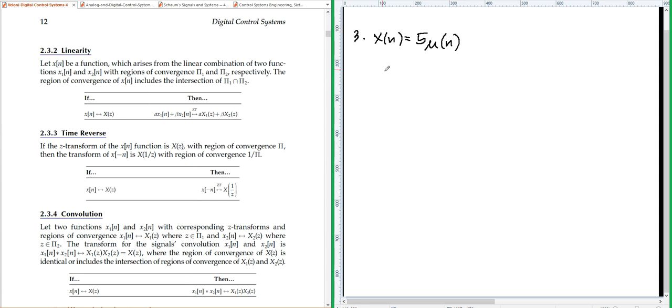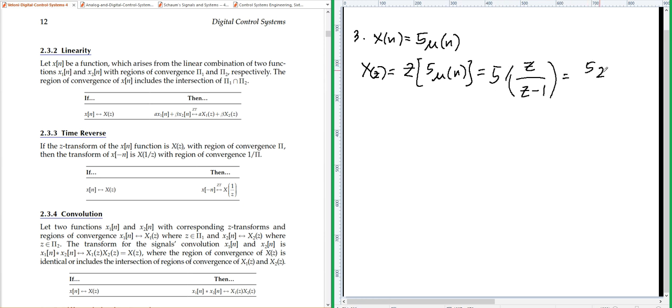What's the Z transform? Getting the Z transform here is equal to Z of 5 mu(n). You know the Z transform of mu(n) is Z over Z minus 1. So if you have here a constant 5, based on the linearity formula, you just multiply this with 5. So the answer is 5Z over Z minus 1. Very simple, no?